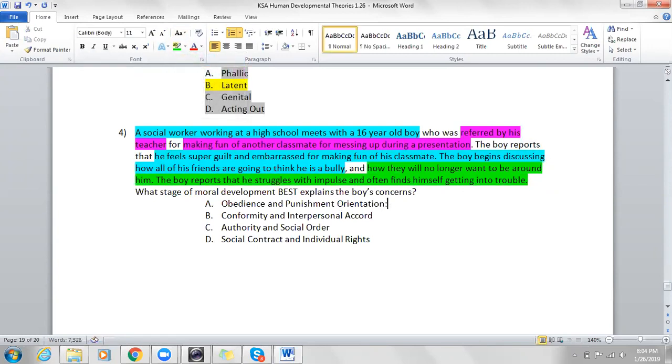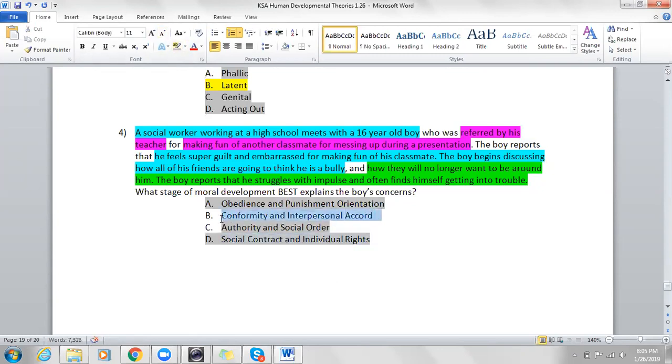So remember, A is about people that are trying to avoid trouble at all costs, so that would be out. Authority and social order is about people that are looking for the societal rules and norms, so that's out. And social contract would be out as well.